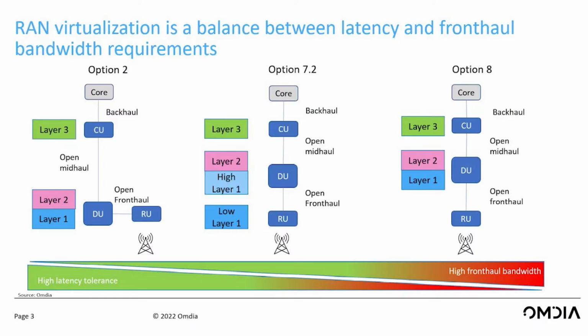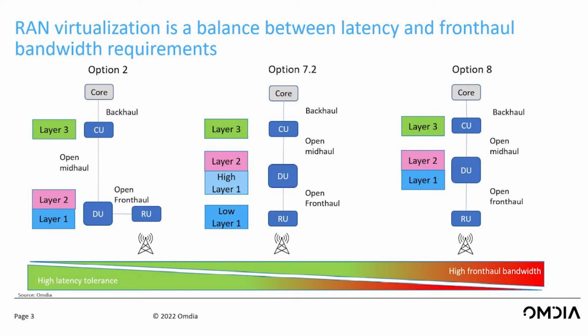So operators really need to think about how they want to architect their network in terms of what use cases they want to run. If we look at option 2, which is the leftmost architecture, we're placing both the CU and the DU at the baseband, at the base station. So there's really very little front haul.